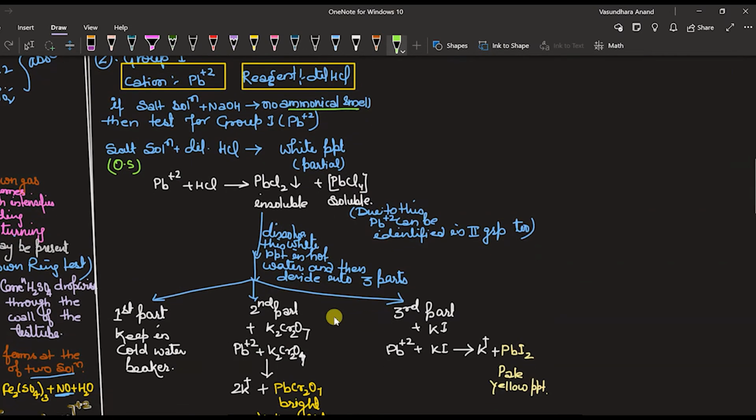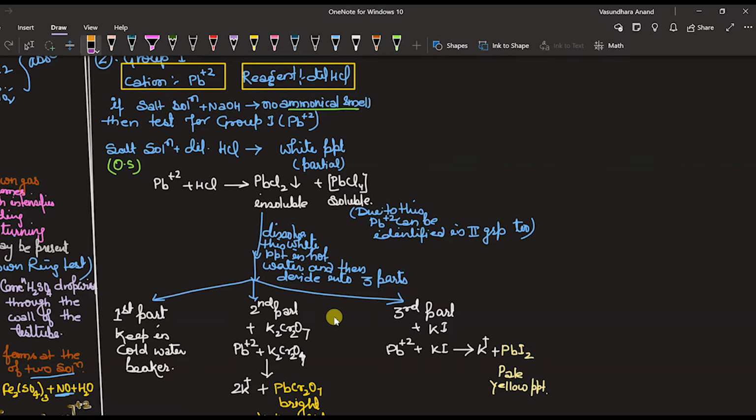If we add a small amount of HCl, we get insoluble PbCl2 and we say the first group is present. But if the HCl amount is not controlled and is even slightly more, it will react and the PbCl4 2- complex will also be given, and that is completely soluble. Ksp value is high, so it will go to the next group. Did you get that?